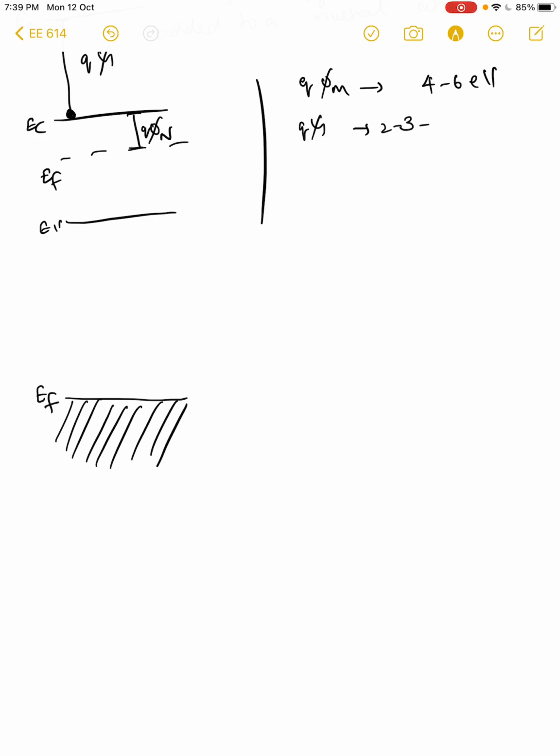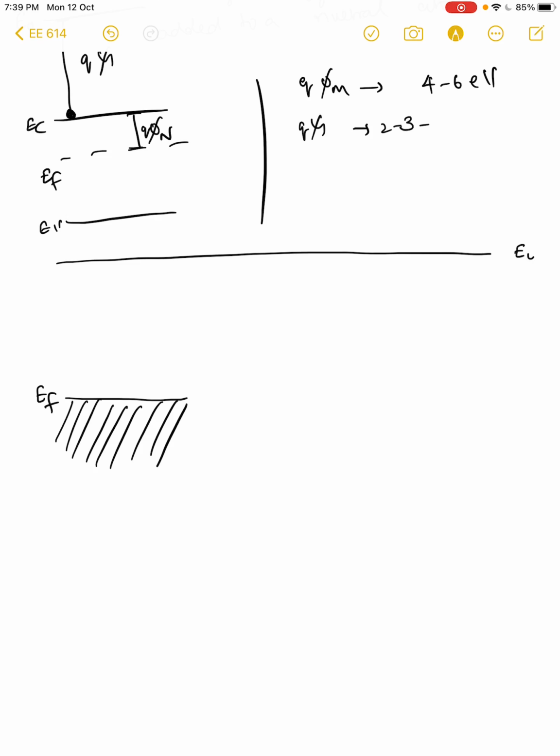This is EF. I have the vacuum energy level. The vacuum energy level is something which is constant, which remains flat at equilibrium, right? Because it should be the same energy that is required to push out, right?